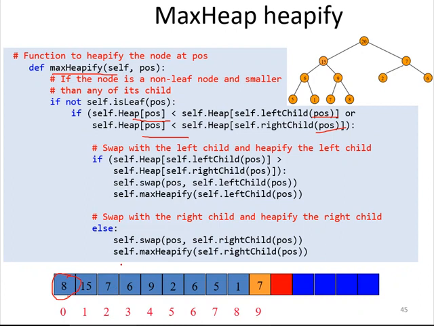It would go down the tree. It would try to compare the value, comparing left or right.